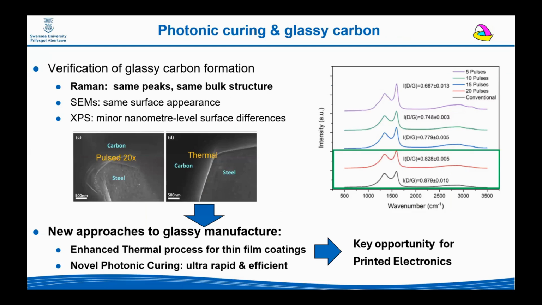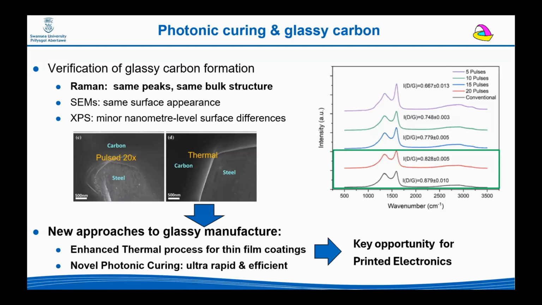We know therefore that the conventional, our advanced conventional, and the proposed novel photonic curing generate glassy carbon. So we have two approaches now presented for glassy carbon manufacture: an enhanced thermal process for thin coatings, and a novel photonic curing. And then we can move now to printed electronics.